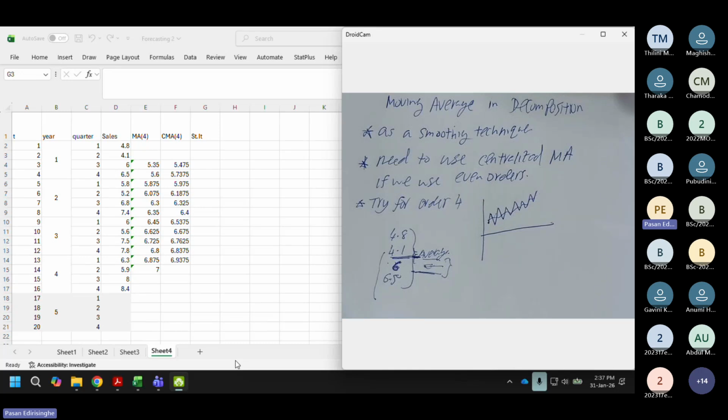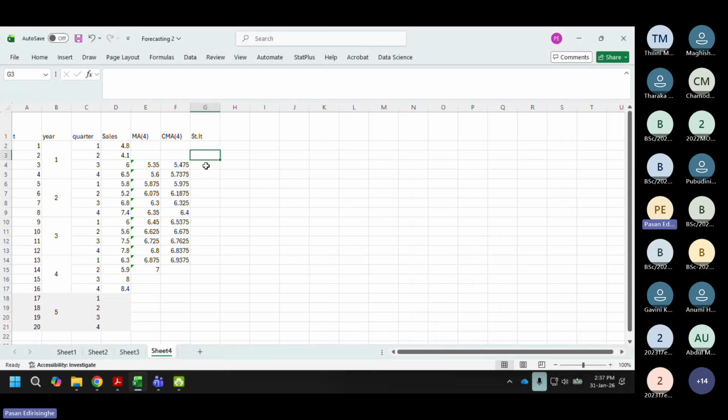Therefore, if you want to remove the trend here, with some calculation, we can isolate the ST and IT.